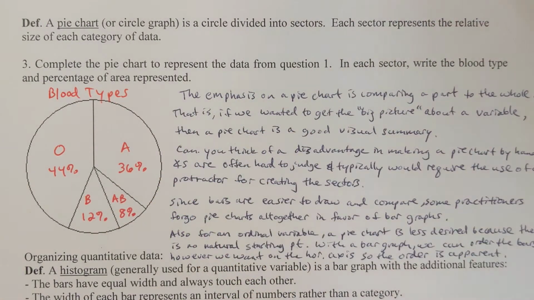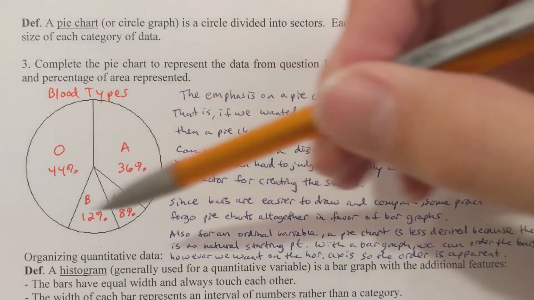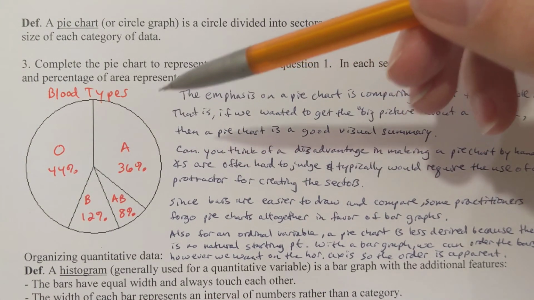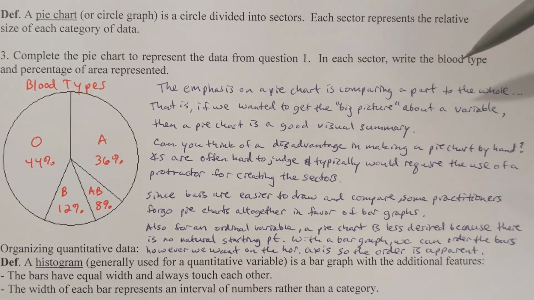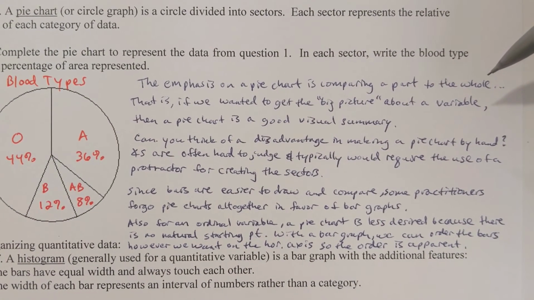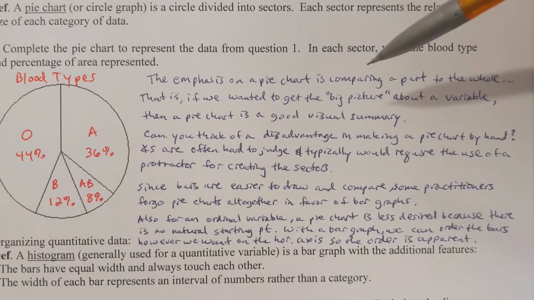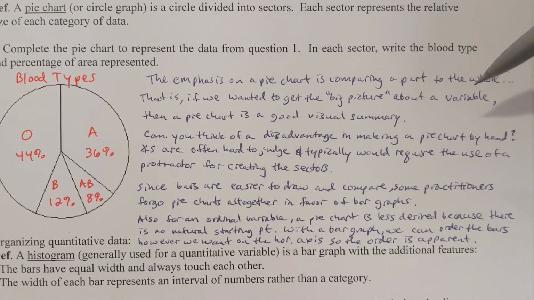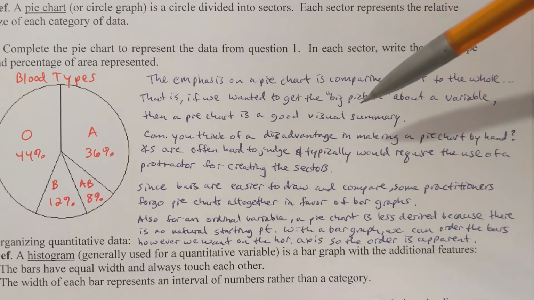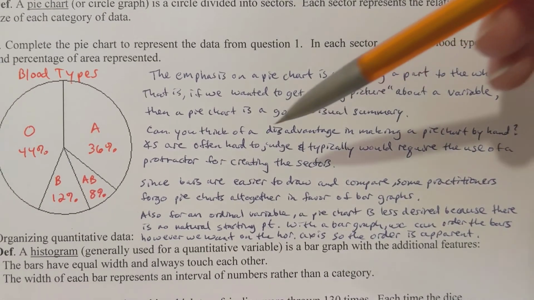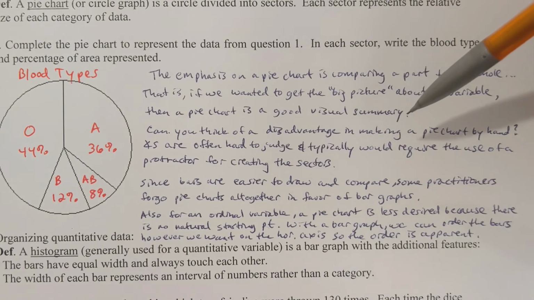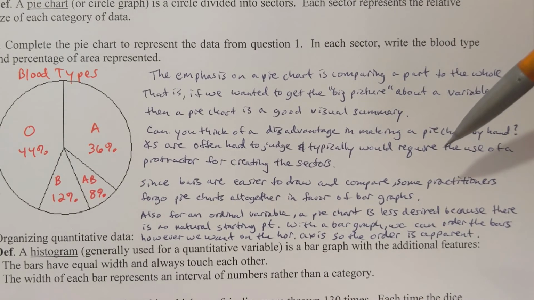You usually want to label a pie chart. This pie chart represents the different blood types from the sample. Now, the emphasis on a pie chart is comparing a part to the whole. That is, if we wanted to get the big picture about a variable, then a pie chart would be a good visual summary. Can you think of a disadvantage in making a pie chart by hand?